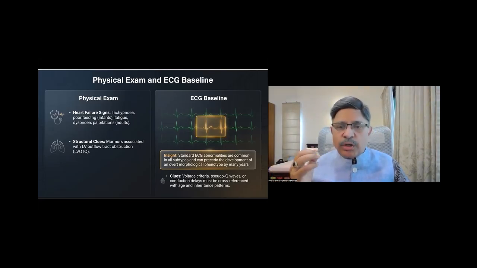Clues like voltage criteria, pseudo Q waves, and conduction delays must be cross-referenced with the age and inheritance patterns. Never ignore voltage criteria, pseudo Q waves, and conduction delays. They could be a hallmark of future cardiomyopathy.